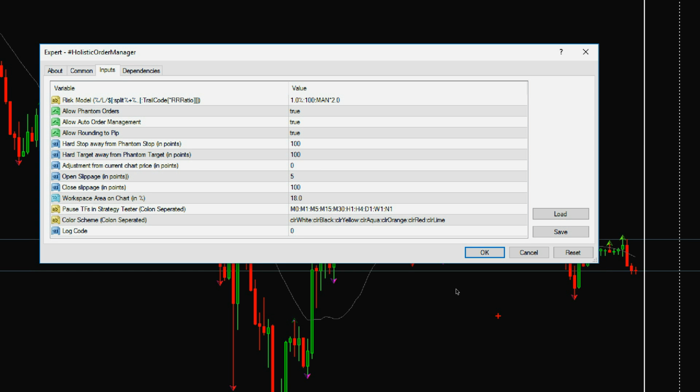If your order's initial stop is placed at, let's say, 10 pips away from your entry price, the first target for the order will be placed at 2 times the initial risk, which is 20 pips away from entry price.